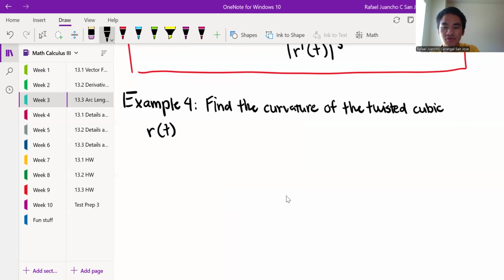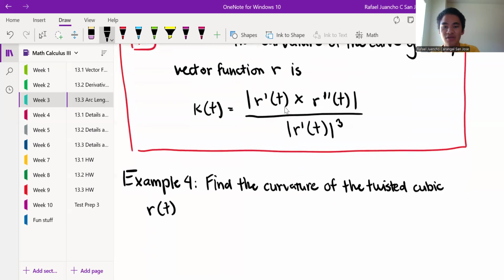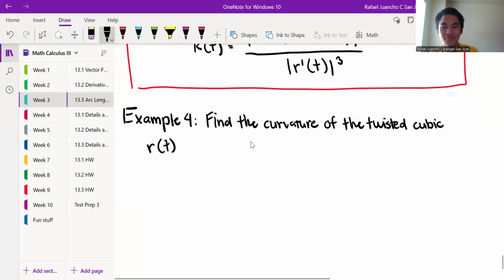You know why it's convenient now that I think about it, is because you only need to find a few things: two derivatives and the cross product. But you only need your vector function to be able to do a curvature. So that's what's nice about this problem. You don't need to think about unit tangent vectors, which we did earlier. So that's pretty convenient.